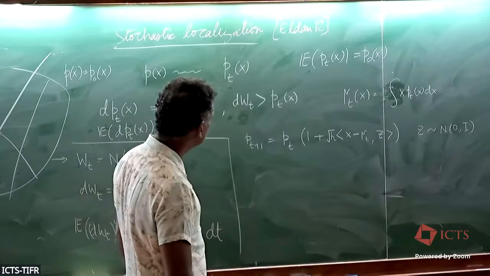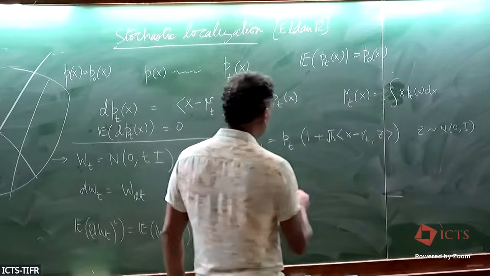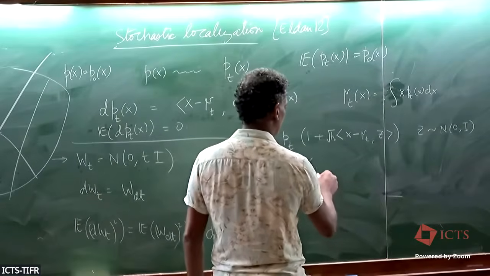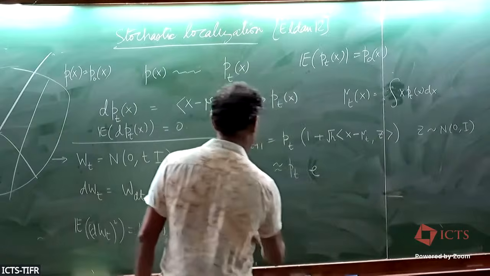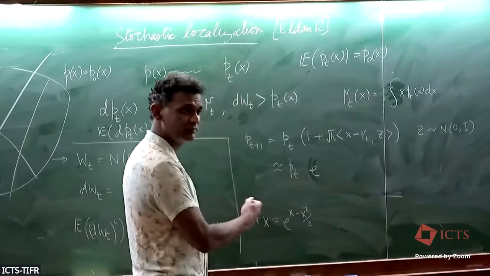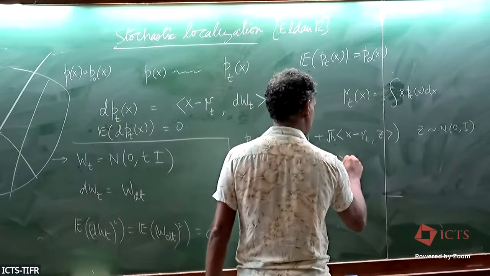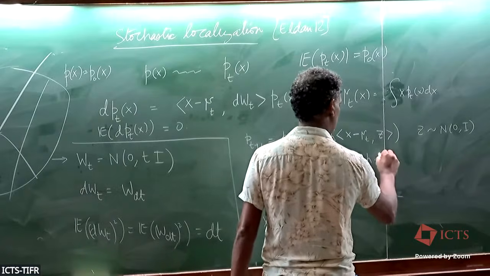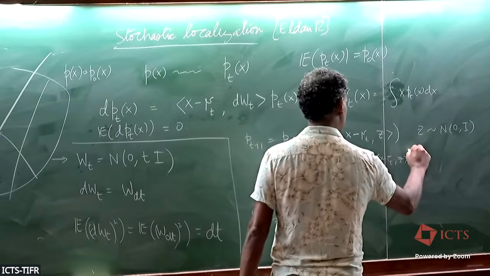Now you see, of course, it's not exactly the same. For each h, it's a different thing, but this is like, 1 plus x is like e to the x minus x squared over 2, for small x. So e to the root h times this, minus half h times this squared.